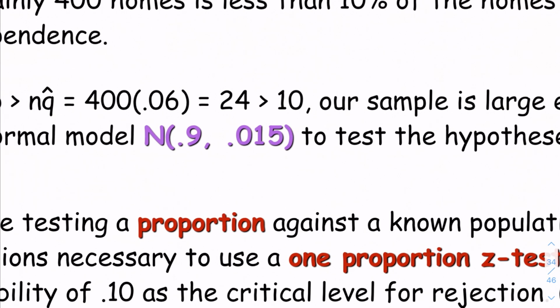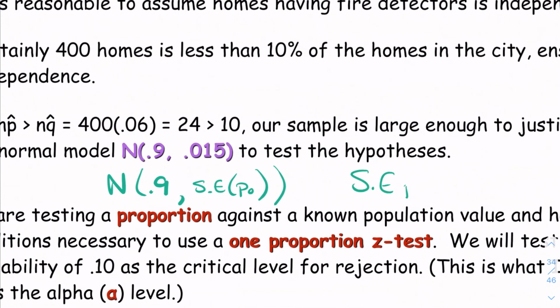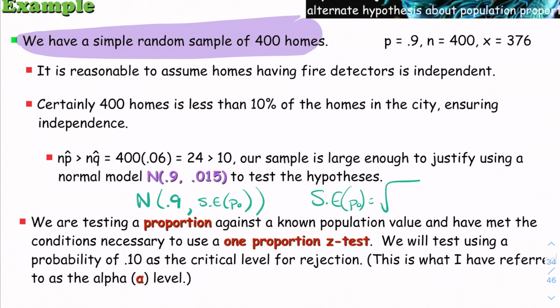Now our normal model will be 0.9, comma, the standard error of our null hypothesis. And our standard error for our null hypothesis is the square root of 0.9 times 0.1 over 400.